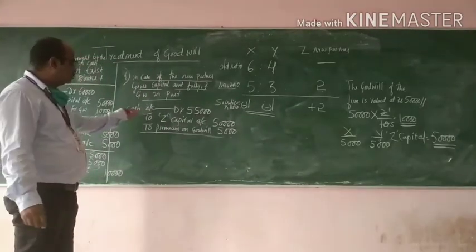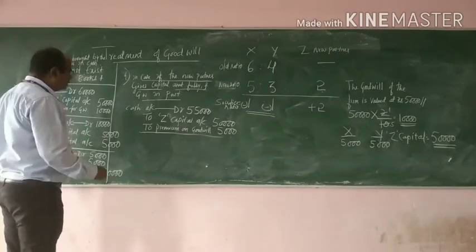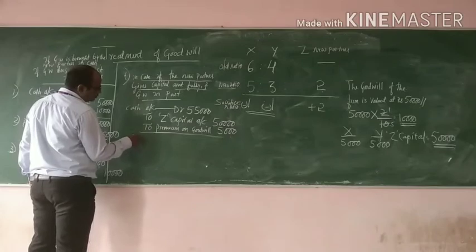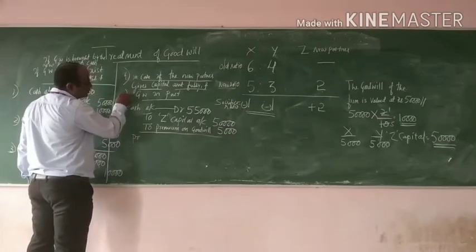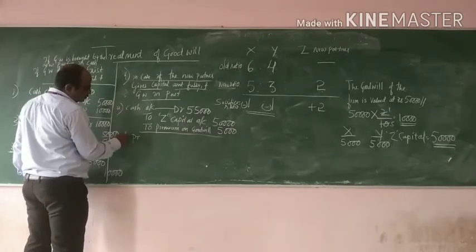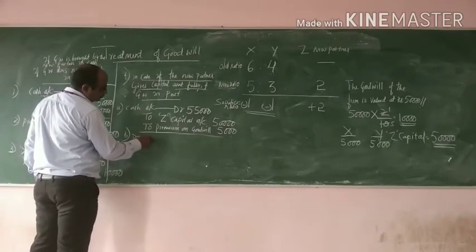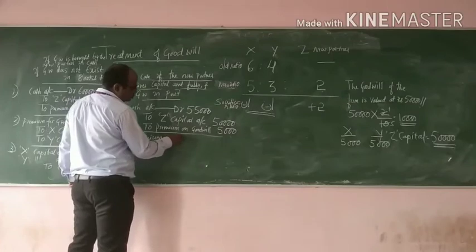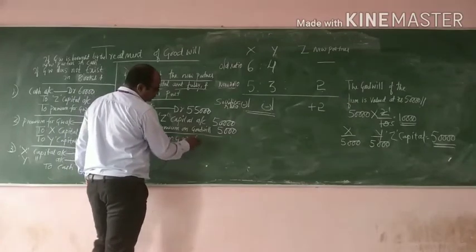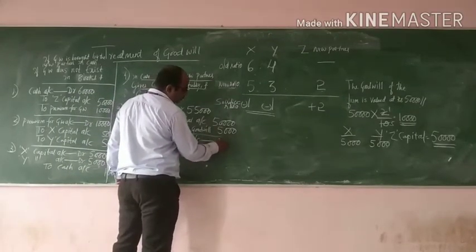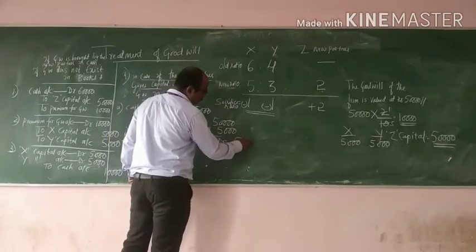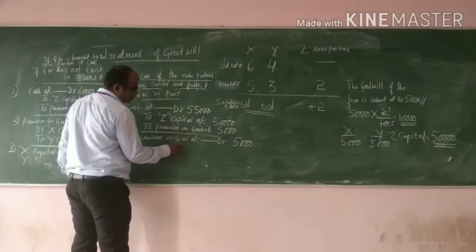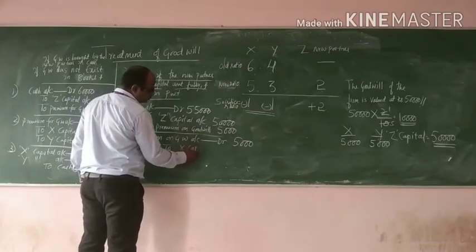So this will be the case, and then while transferring, premium on goodwill account debit 5,000 to X capital account 2,500, to Y capital account 2,500.